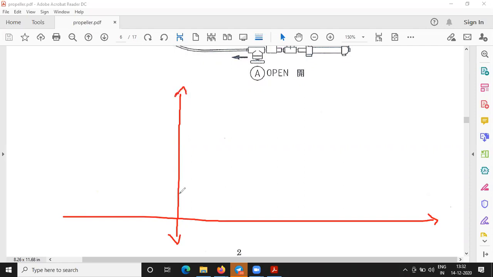Initially, what I said, you will have a point. Suppose you have given 50 bar and the point is 0. That is the initial point where you have the deflection. Next you will start increasing 50 bar, 50 bar, 50 bar. You will do it for some 6 points: 1, 2, 3, 4, 5, 6.